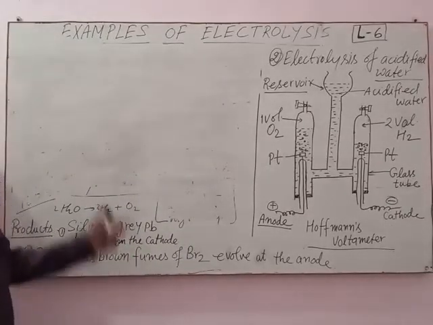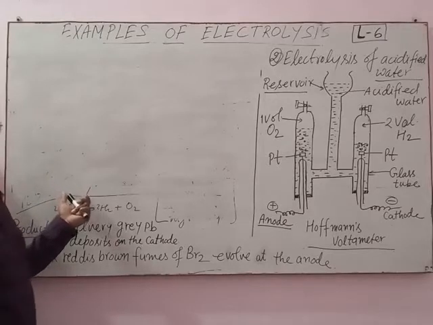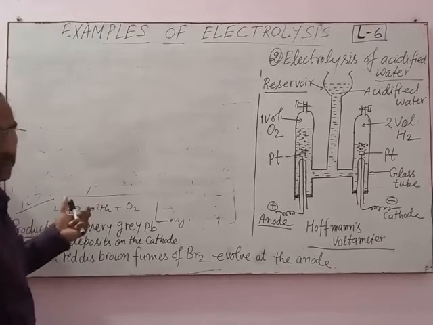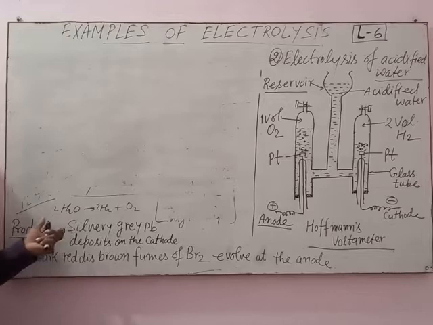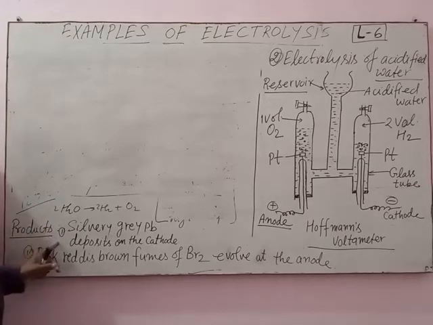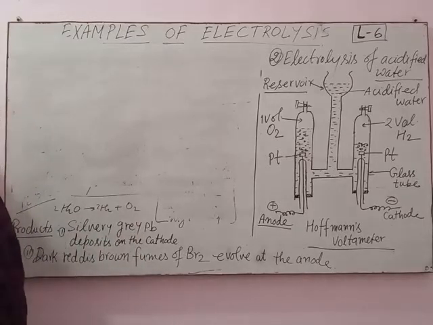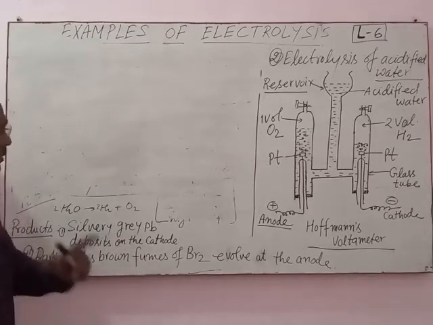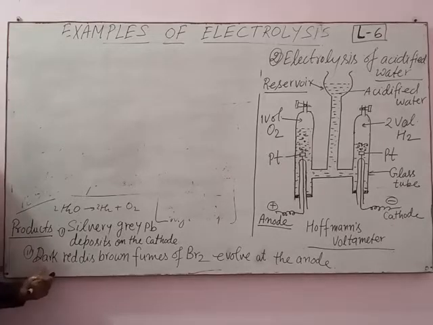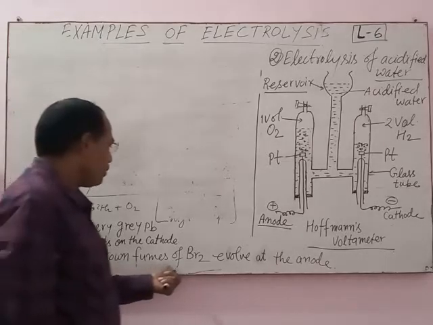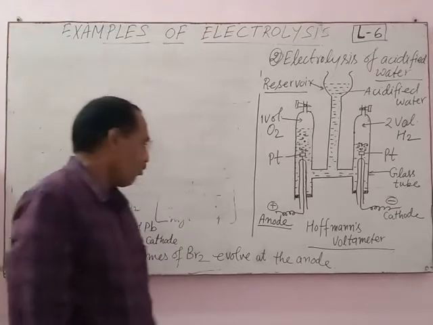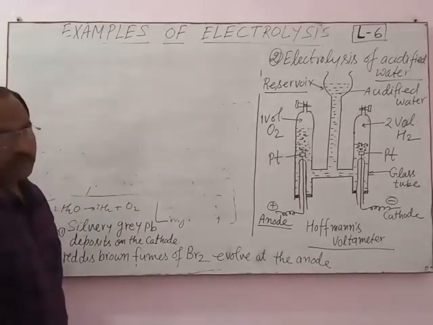In case of electrolysis of lead bromide, first observation, silvery grey lead deposits on the cathode. And second observation, dark reddish brown fumes of bromine evolve at anode.